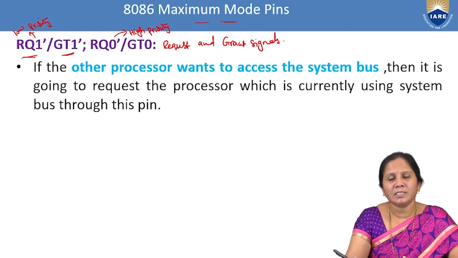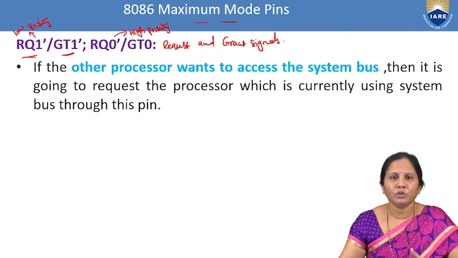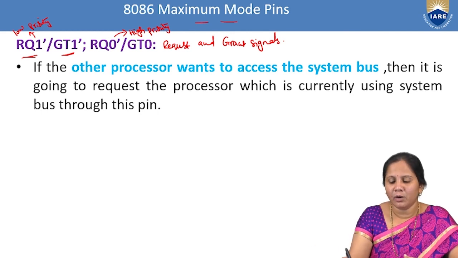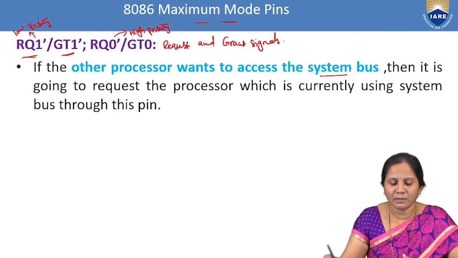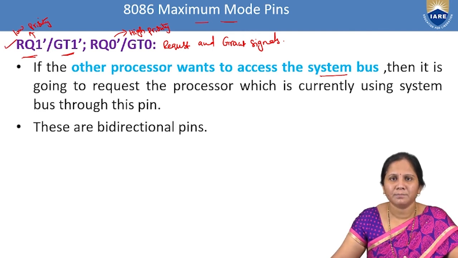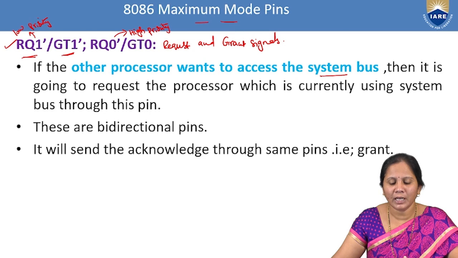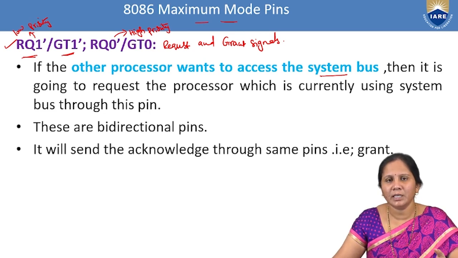Whereas in the minimum mode, the request and grant for the system bus are done by the two signals, hold and hold acknowledgement. In the maximum mode, the access to the system bus by other masters is through the request and grant signals. They are bidirectional pins, which means the same signal acts as the request signal and as the grant signal.